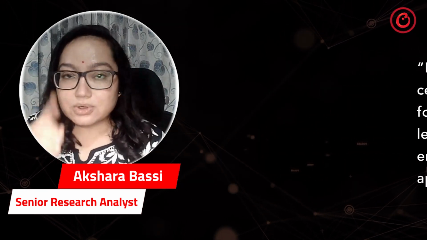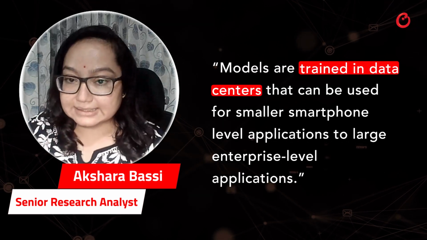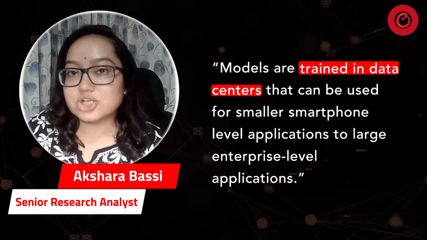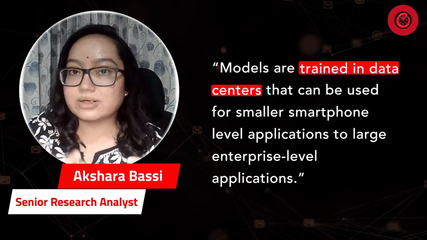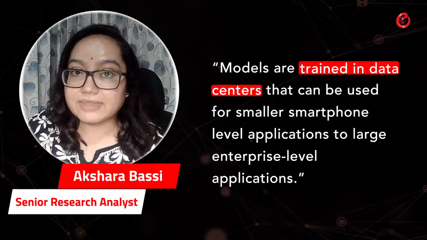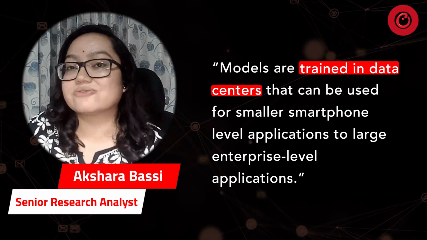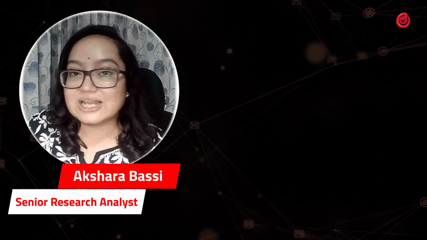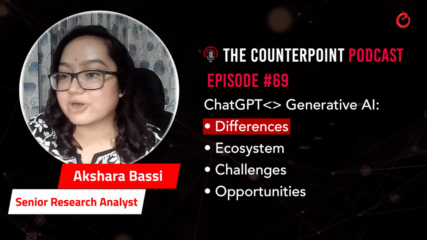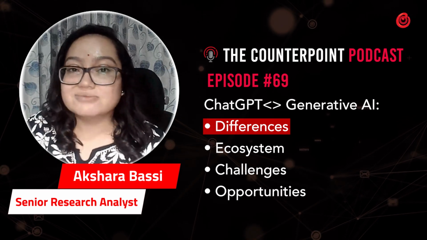The models are trained on big data sets and they require large compute power. Usually they are trained in data centers, and then those models can be used for a variety of applications, from smaller smartphone-level applications to large enterprise-level applications.